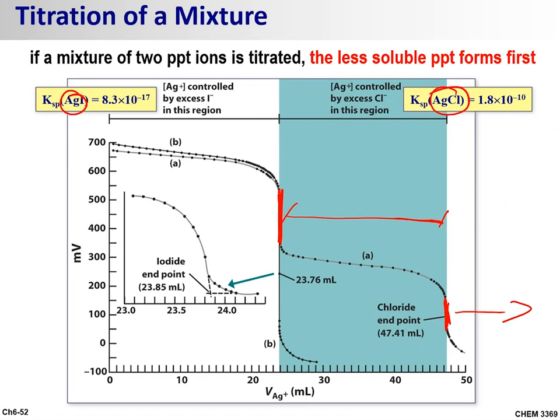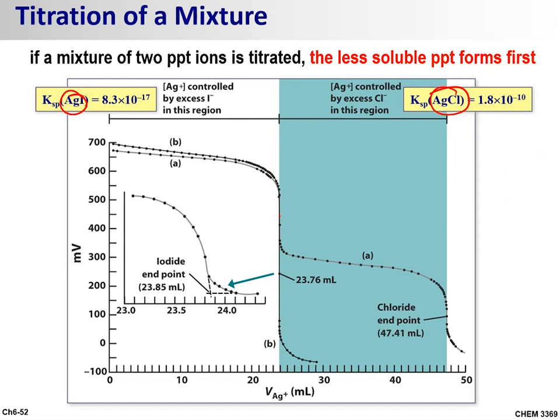Now, if you have this titration curve, to determine the volume at the first endpoint, you do not take the middle of the steep section.